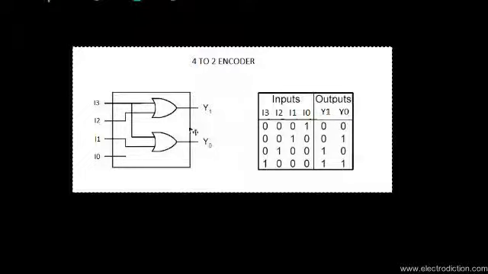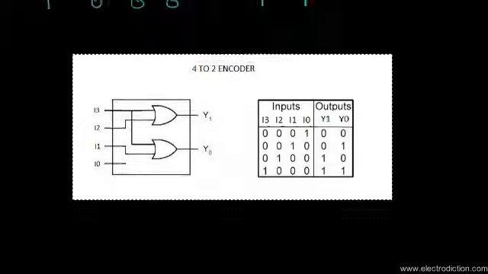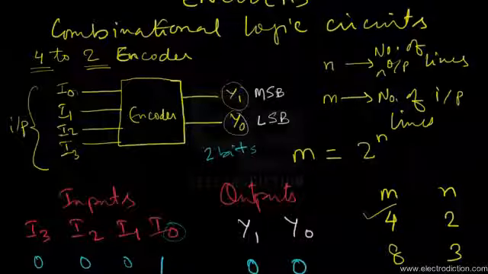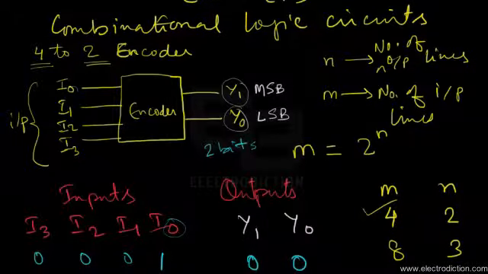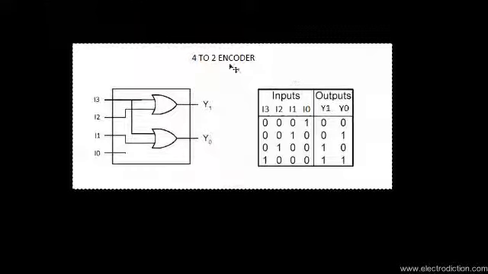This is a typical example of the 4 to 2 encoder that I've been discussing over here. In this encoder we just need 2 OR gates in order to construct it, and the wiring is done in the way shown in the diagram.